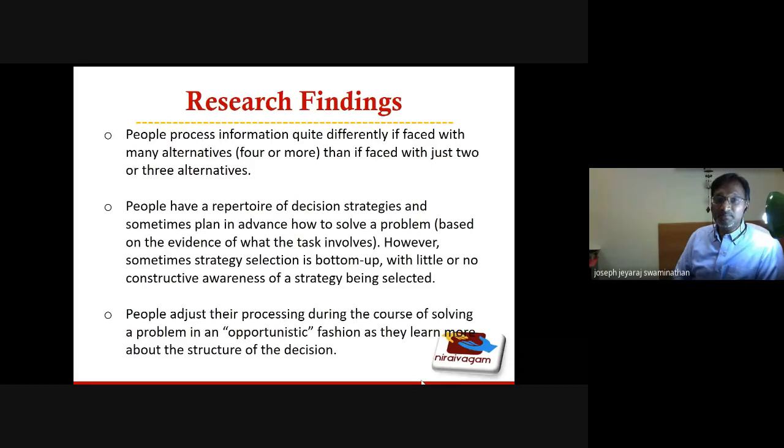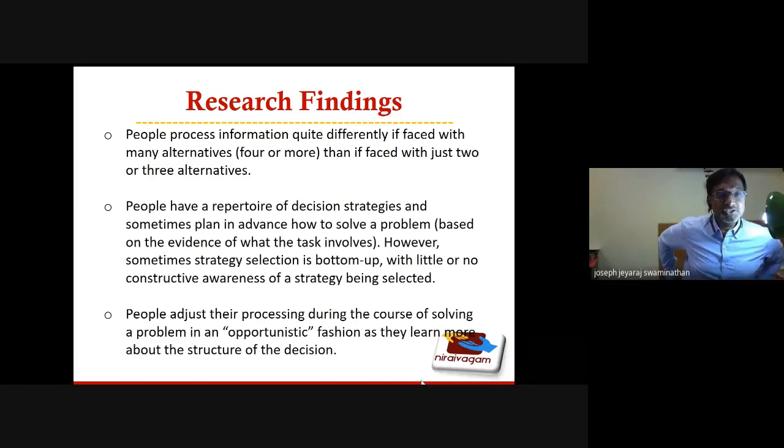However, sometimes strategy selection is bottom up, with little or no conscious awareness of a strategy being selected. Sometimes you make an intuitive choice. Sometimes you make an emotional choice without any logical understanding. You may not have any reasoning or any causes, and without that, you might make a choice. That's the second research finding.